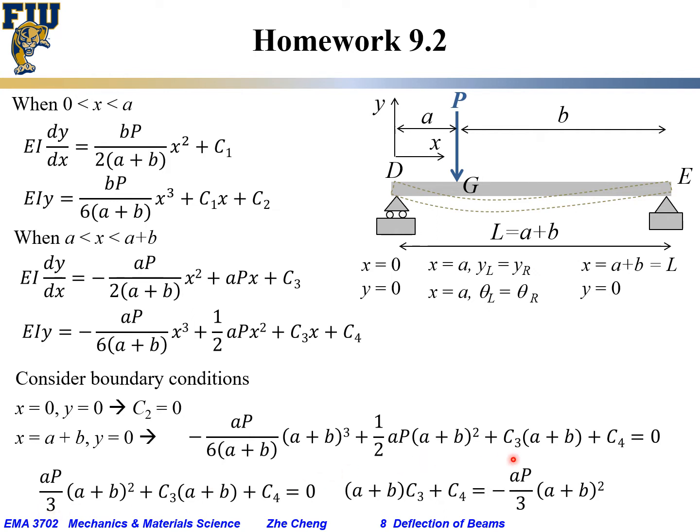The second term, C3 times A plus B plus C4. And we would arrange A plus B times C3 plus C4 would be minus AP over 3 times (A plus B) squared.